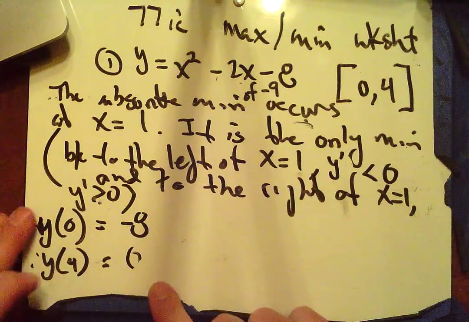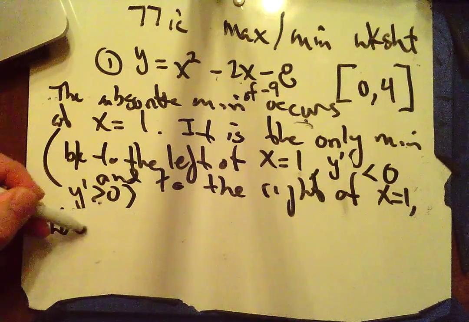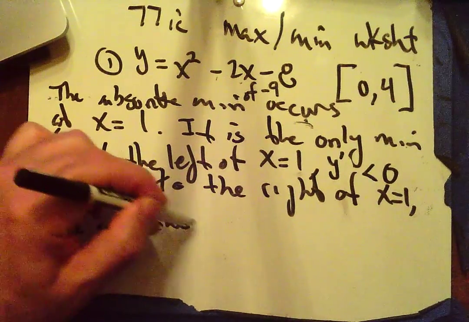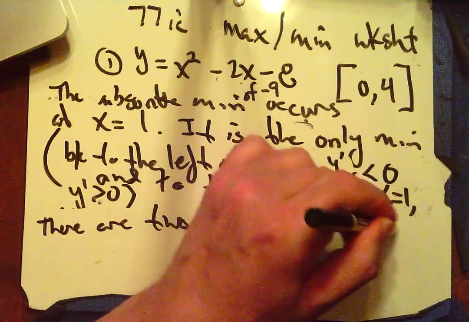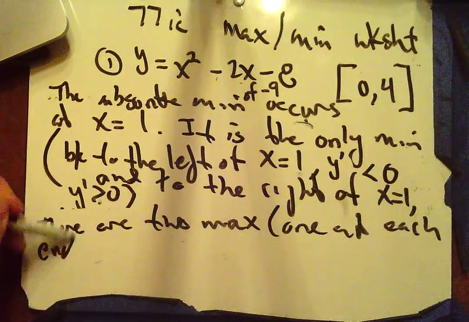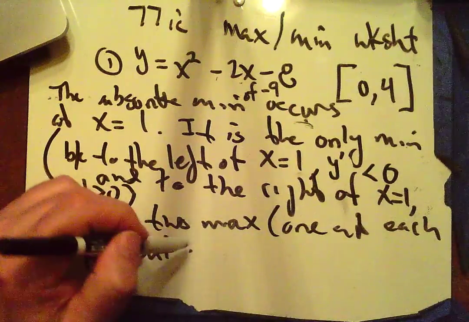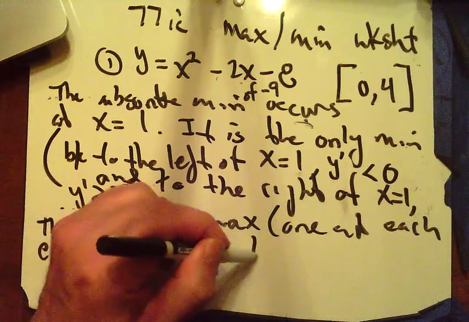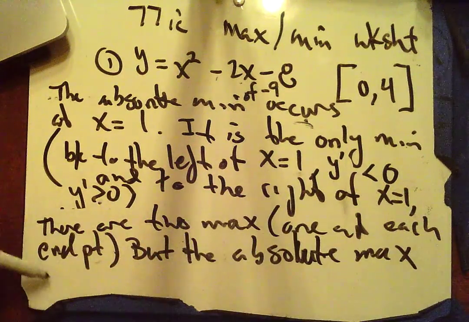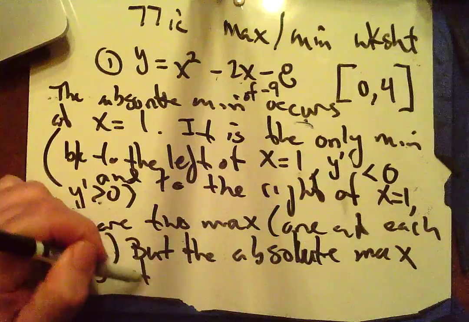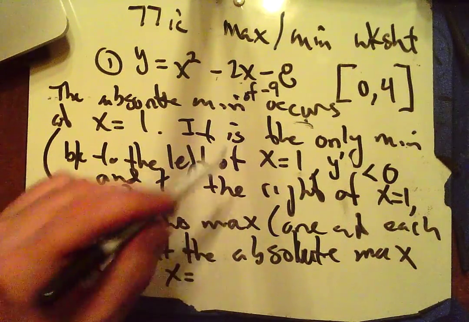And my maxes, well, I'm going to say there are 2 maxes, one at each endpoint, but the absolute max occurs at x equals 0. Was it 0? No, 4.